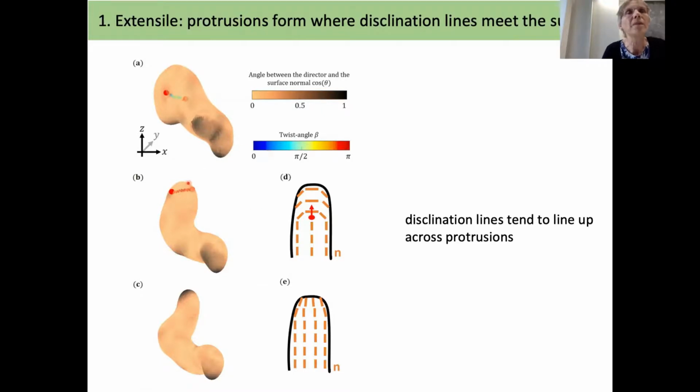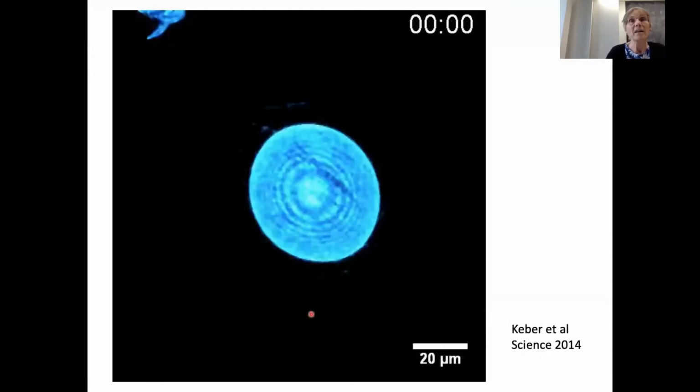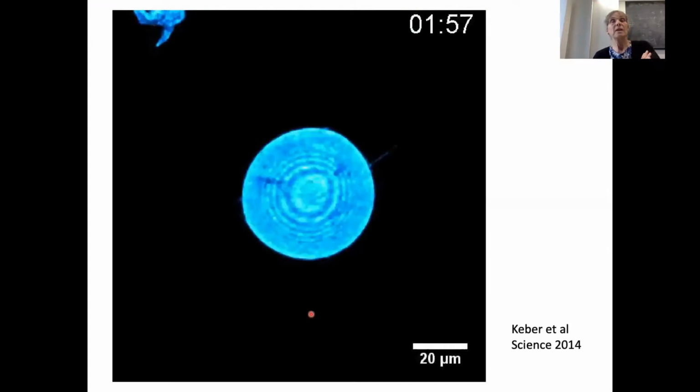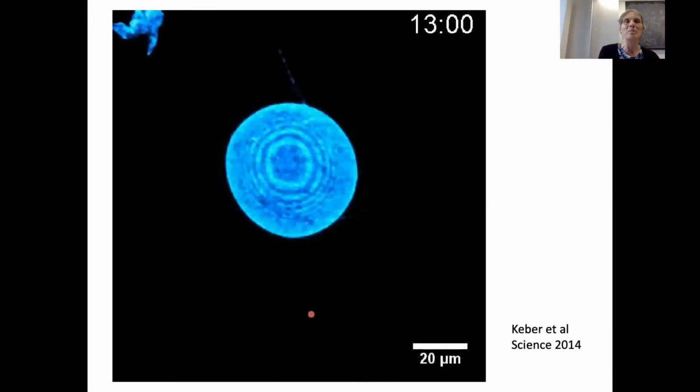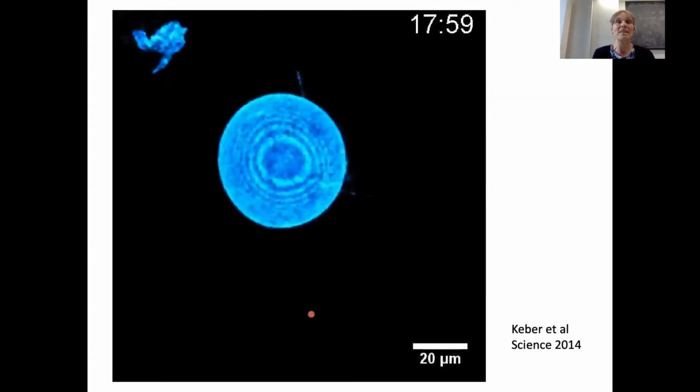So like this, the flow fields around something like this are outwards because it counts as a plus a half defect. And so it pushes the arms outwards until the defect escapes from the end, and then the arm falls back. And in fact, this has actually been seen. They have much better arms here because it's an experiment, and so the length scales are much better.